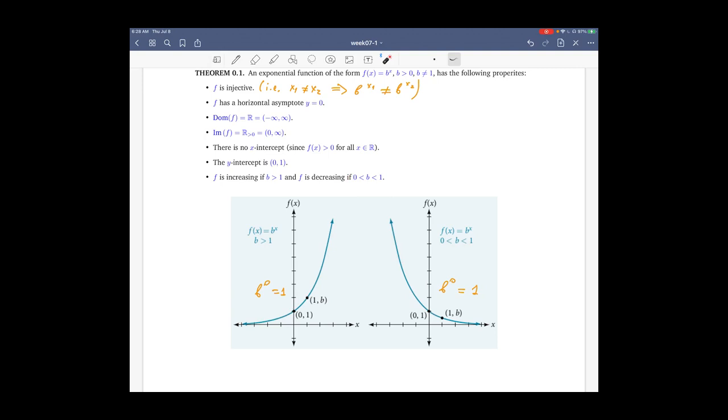One thing I should mention here also is the horizontal asymptote.